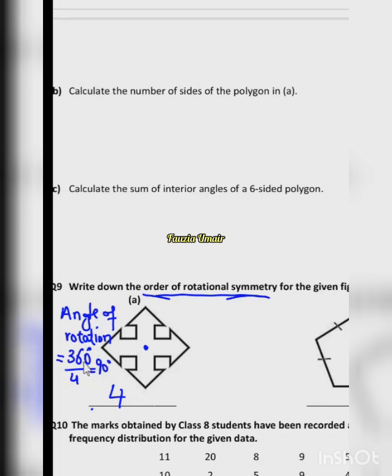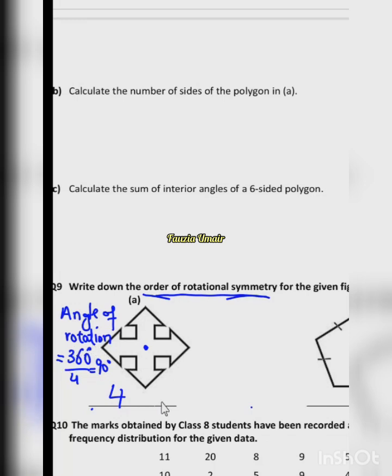Can anyone answer this question? Why are we dividing by 360 while finding the angle of rotation? Because it's rotating a full 360, so that's why.